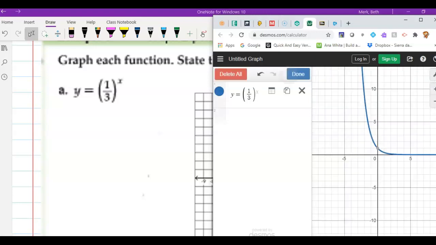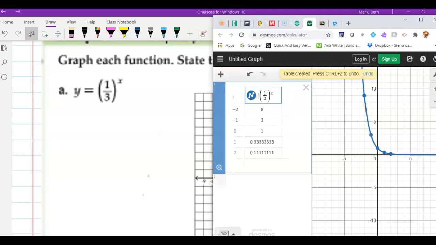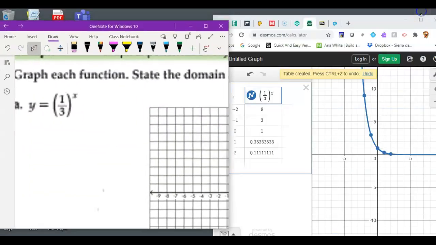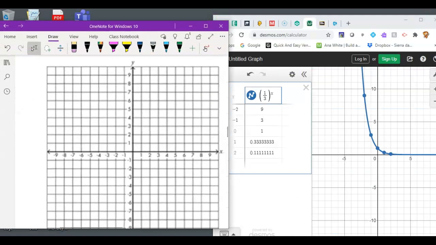There's our graph. If I want a table of values, I just grab it by touching the gear shift, and I can plot all of these points. I can plot the point -2, 9, -1, 3, 0, 1, 1, 1/3, and so on. And again, I still have that asymptote.